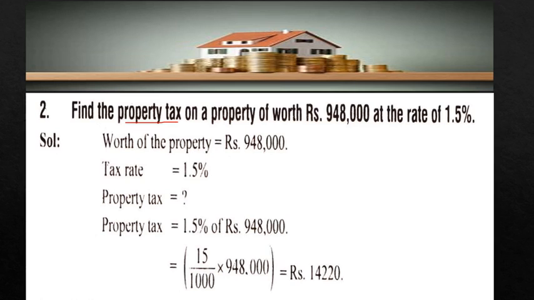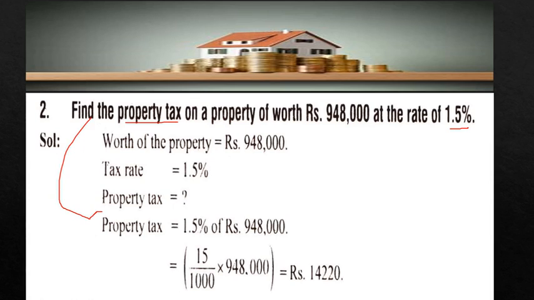Similarly, we will solve. First of all, we write the property amount, rupees 9,48,000, then the rate of tax, and according to our question 1.5% is given. Find the property tax. So property tax is equal to question mark.